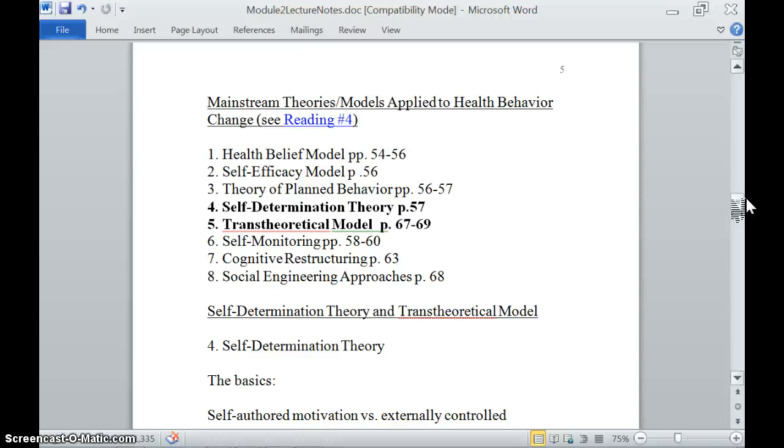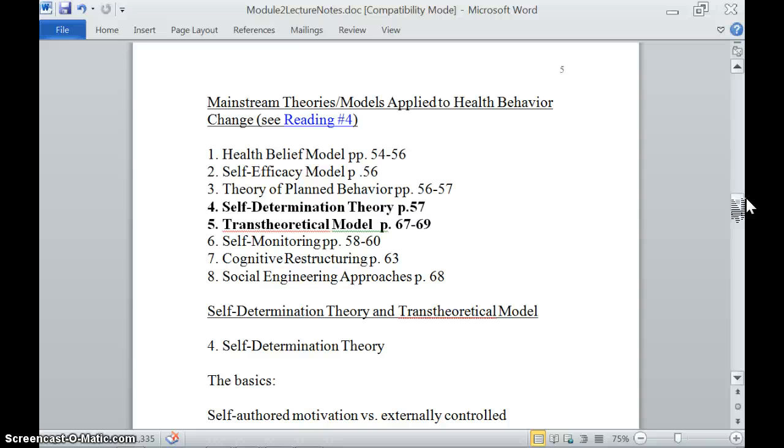Now the two models or theories that we'll review in the second lecture coming up are self-determination theory and the trans-theoretical model. These are probably two of the most popular. Number 3, which we won't review extensively, is the theory of planned behavior. And just a little aside, in my doctoral dissertation at the University of Illinois way back when, I examined certain tenets of the theory of planned behavior as they might relate to understanding physical activity and behavior change.